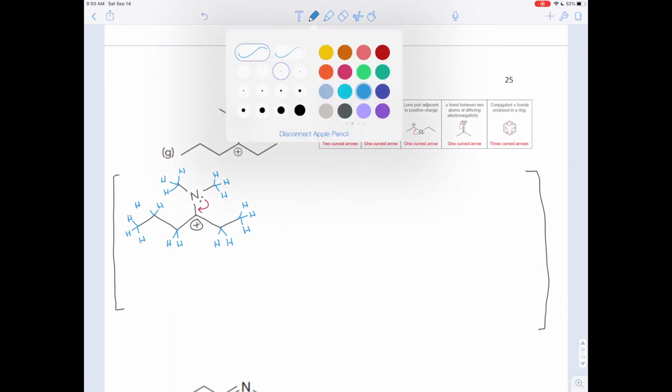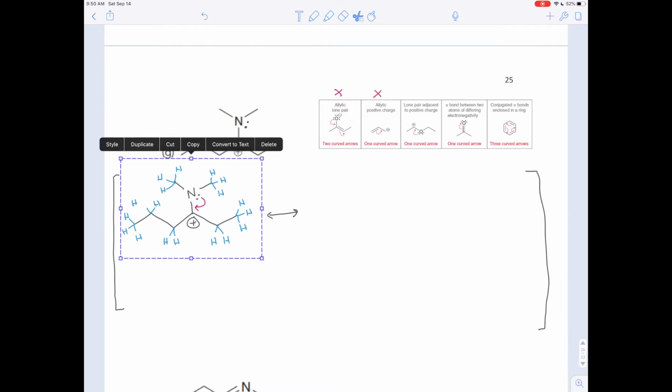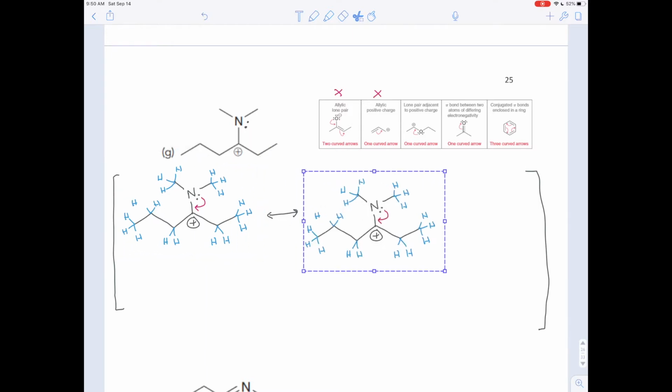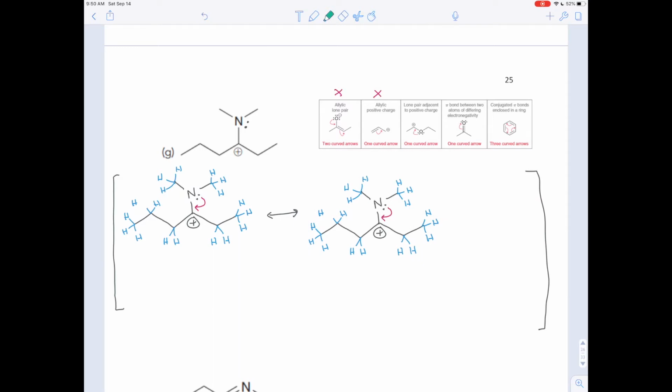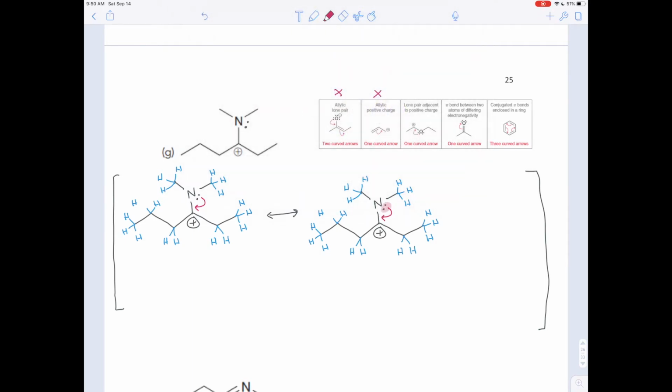To draw the resonance structure, we'll just draw that special resonance arrow, and we're just going to copy and paste this. So we have that over here. Alright, so anywhere we have the tail of a curved arrow, that is a place where electrons are moving away from, so we're going to erase those electrons.